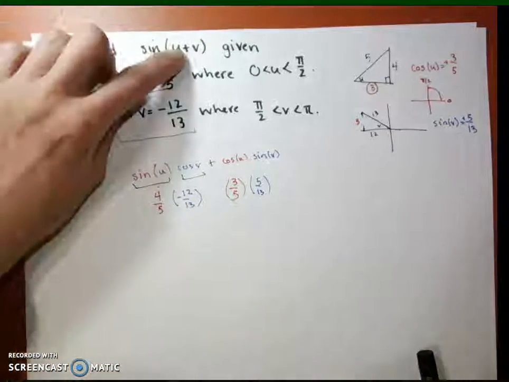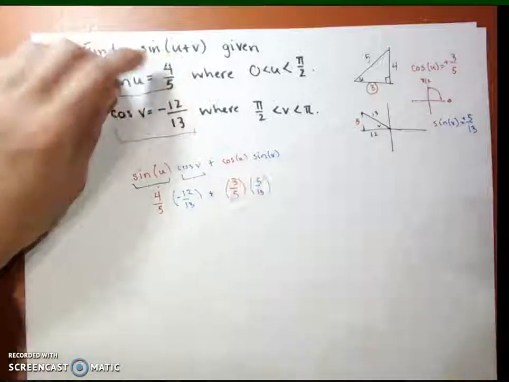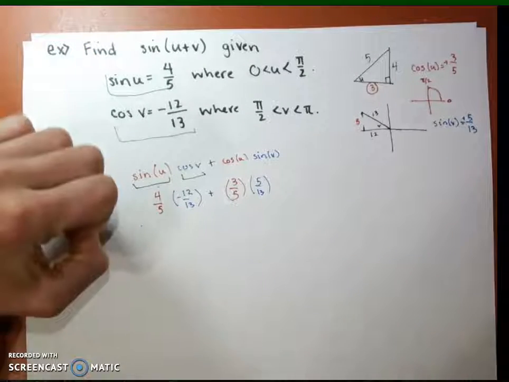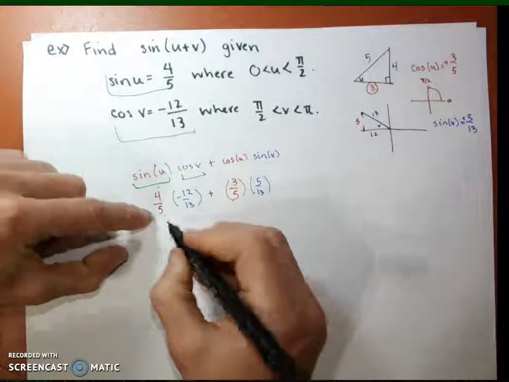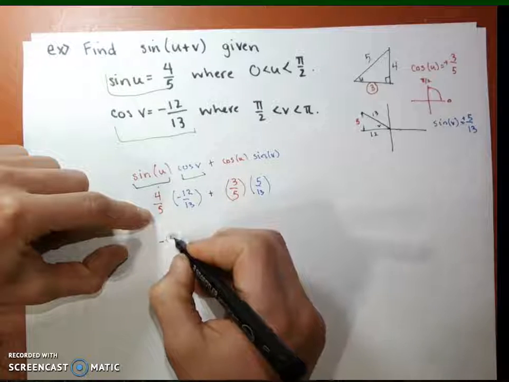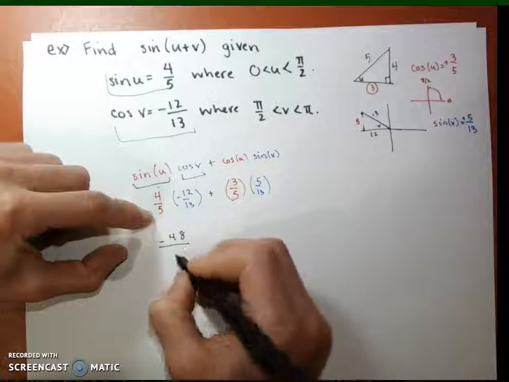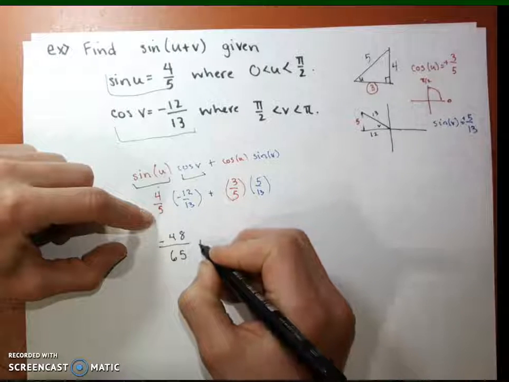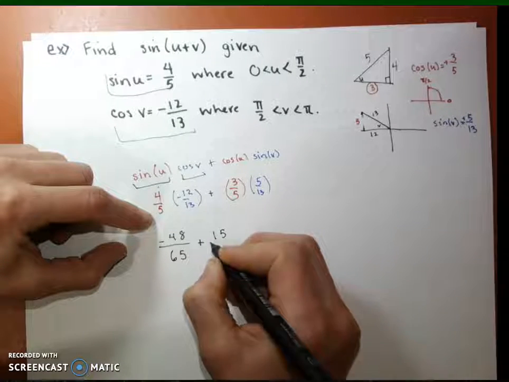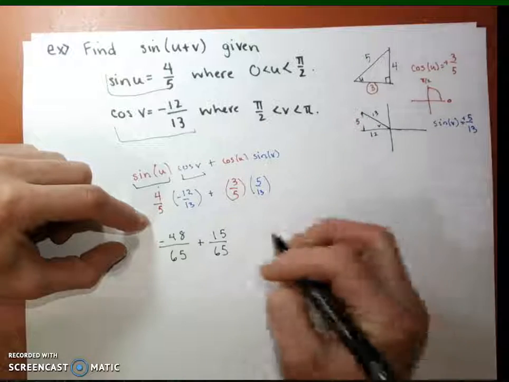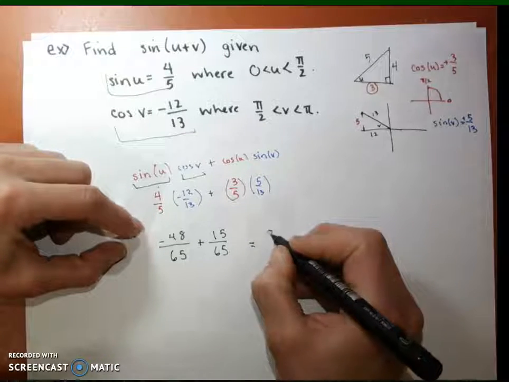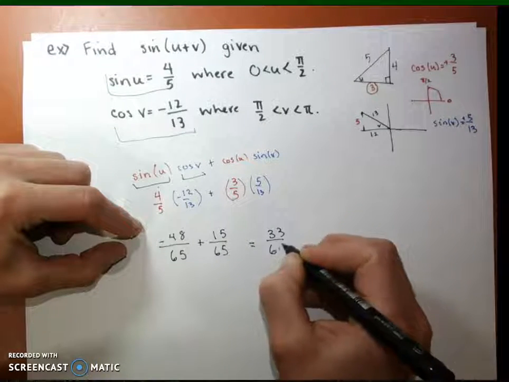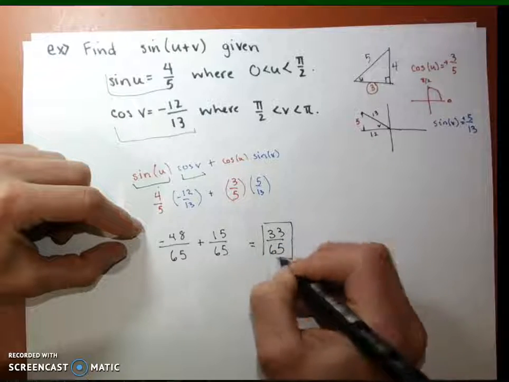And since I'm doing the sum of these two angles, I add those products together. And I'll find that I have negative 48 over 65 plus 15 over 65. I add those together and I get 33 over 65 for my final answer.